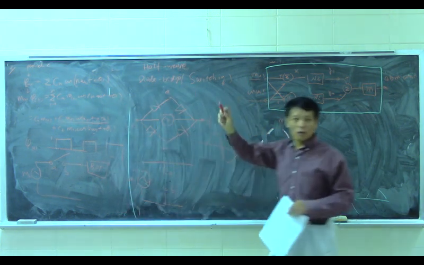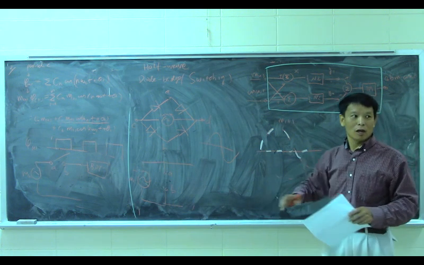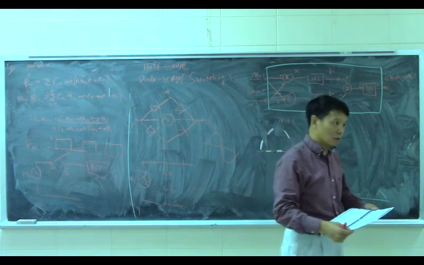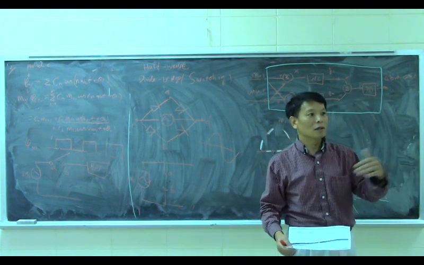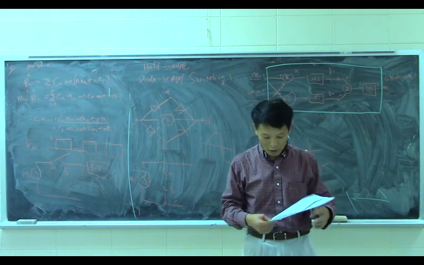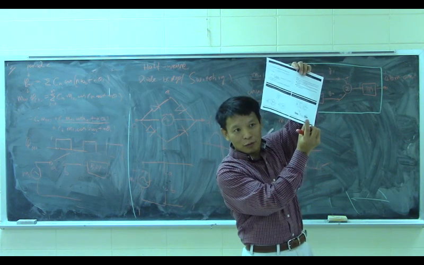Even better, we can use a full-wave rectifier, and we are going to double the efficiency. The full-wave rectifier, you know how to do this, right? You need to use a transformer, use the center tap, and do that. So on the slide, you can see the waveform difference.